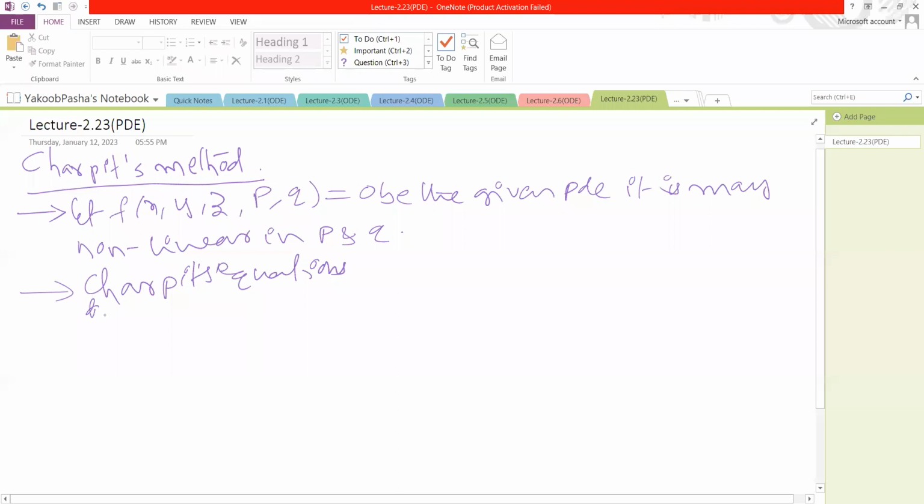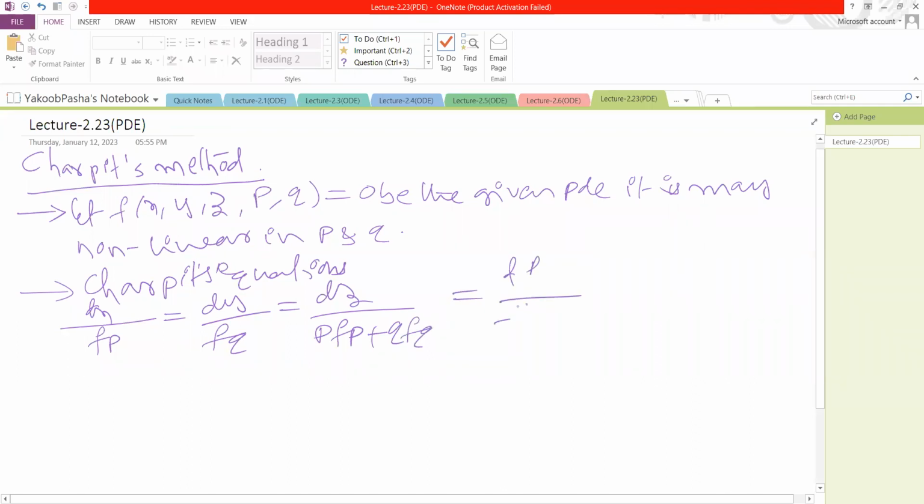I'm writing the equations: dx/fp = dy/fq = dz/(p fp + q fq) = dp/(-(fx + p fz)) = dq/(-(fy + q fz)). These are the Charpit's equations.